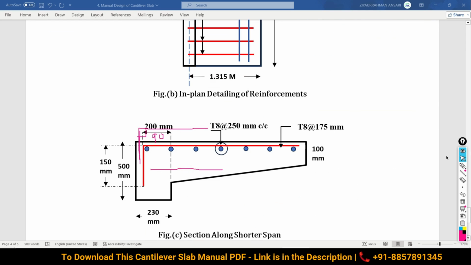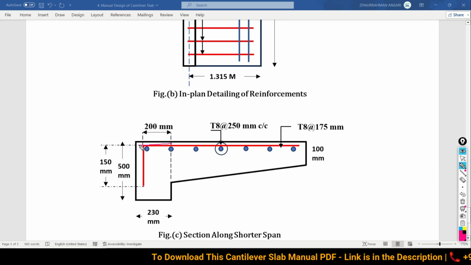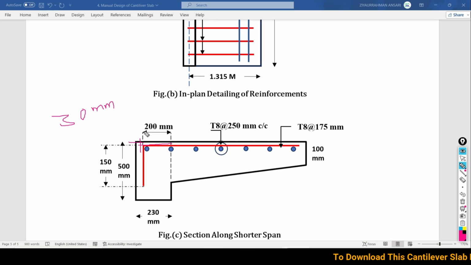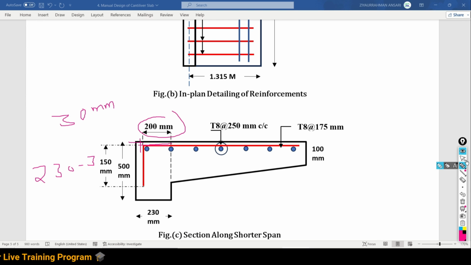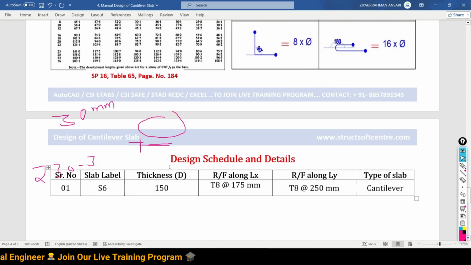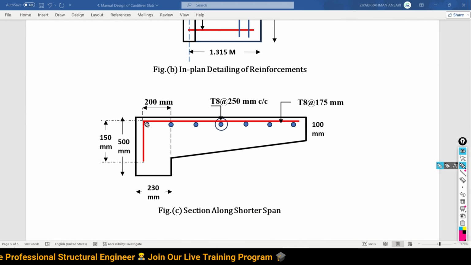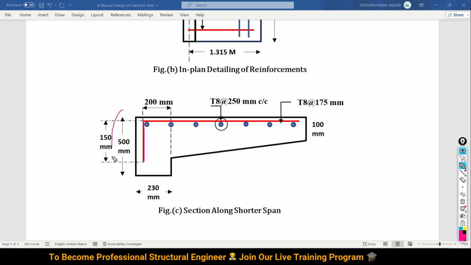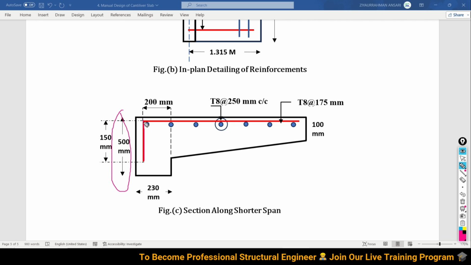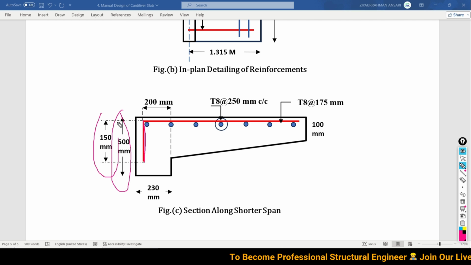It is 200. We consider a side cover of 30 mm, so 230 minus 30 gives 200. So this 200 is available. Next, plus we take the leg of 150, because 500 depth is available, so we can take up to 150.